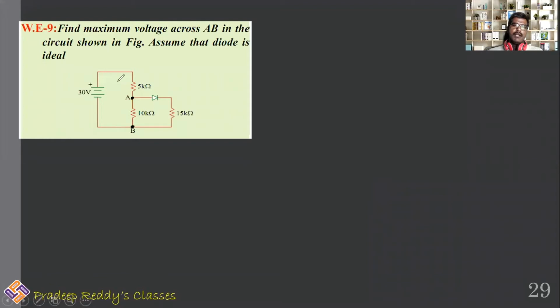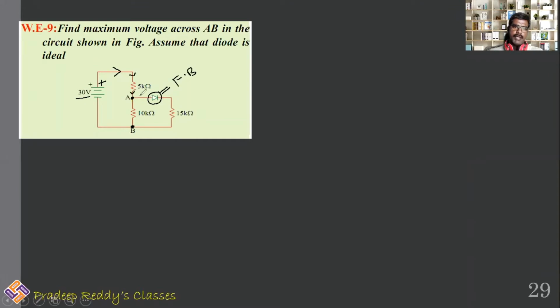Students, we have an electronic circuit where 30 volt is provided. You have a junction diode, and this junction diode is connected in forward bias. Check it out, this is positive, plus 30. As a result, towards this point A, current will be flowing in the circuit like this.